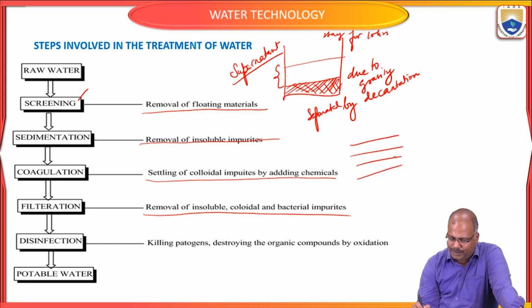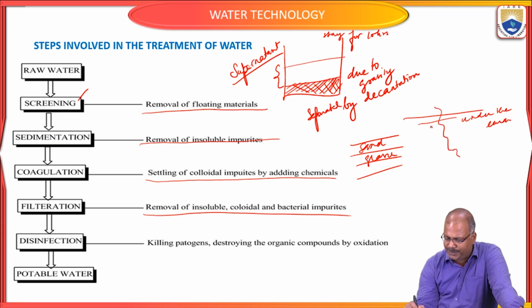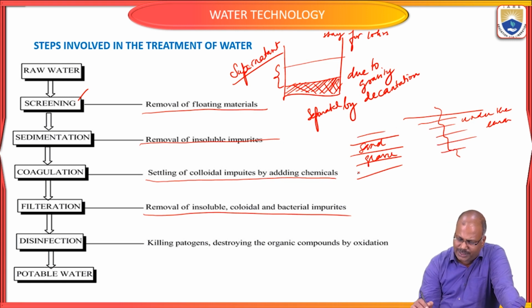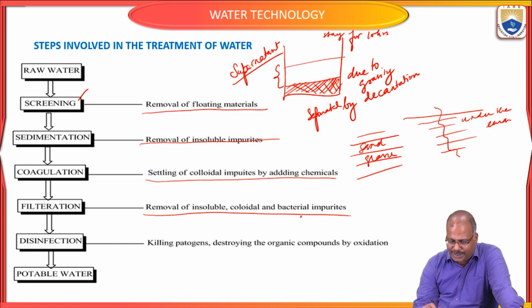There will be a sand layer and a gravel layer, like how the water under the earth is purified by several layers. Similarly here also there will be 2-3 layers, to filter the insoluble, colloidal and other impurities, including some of the bacterial impurities.